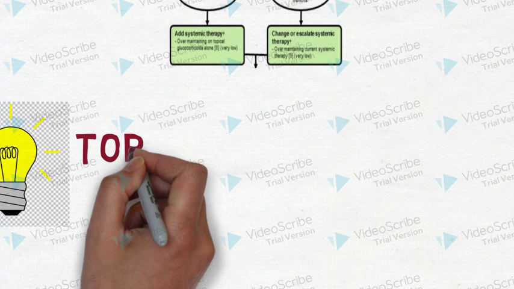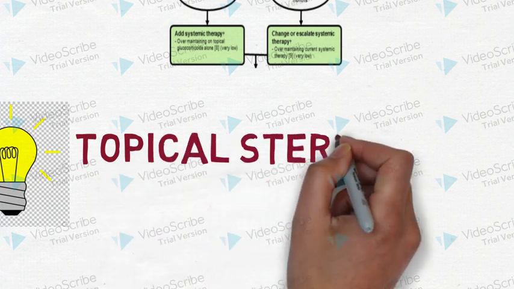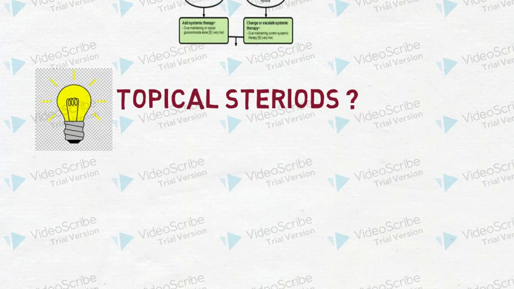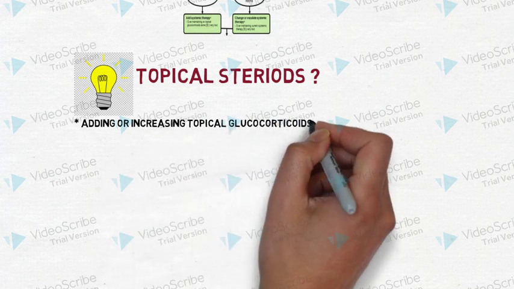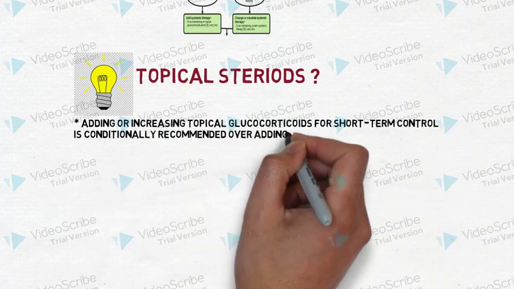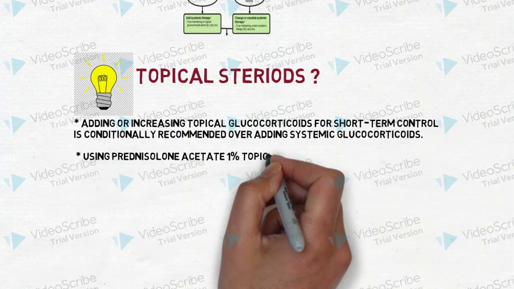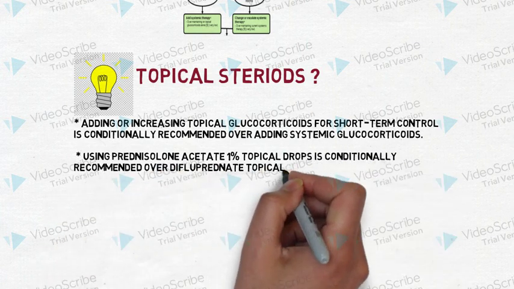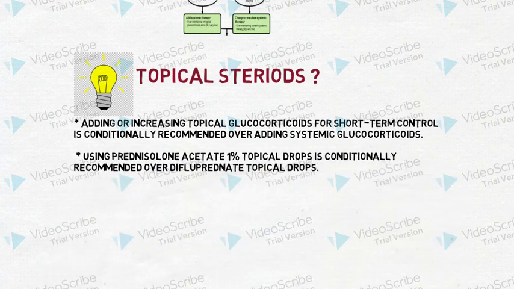First, we should take notes on the following: topical steroids. Adding or increasing topical steroids for the short term to control inflammation is conditionally recommended over adding systemic steroids. We usually prefer prednisolone acetate 1% because it has high efficacy in uveitis and higher penetration of the cornea.